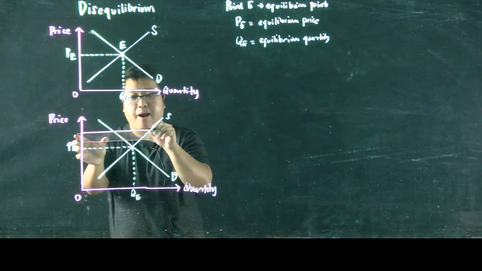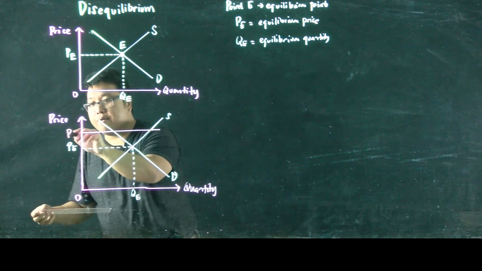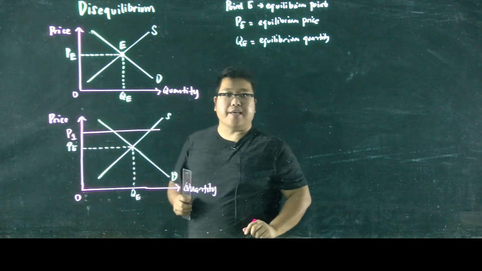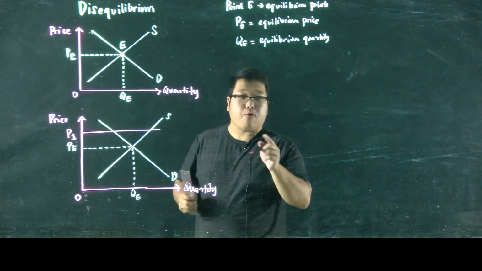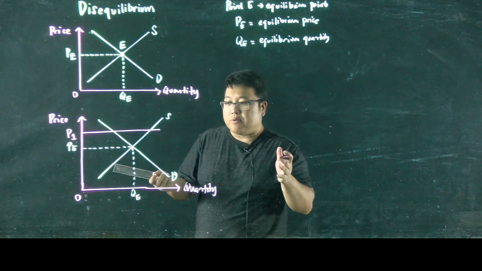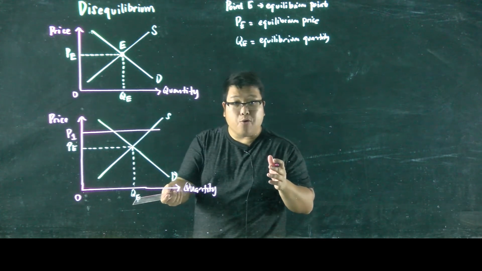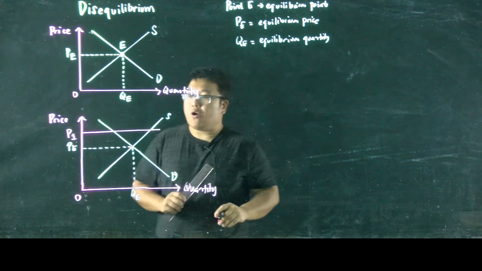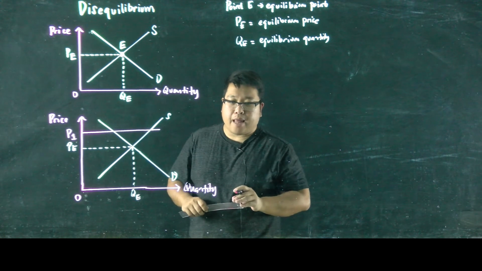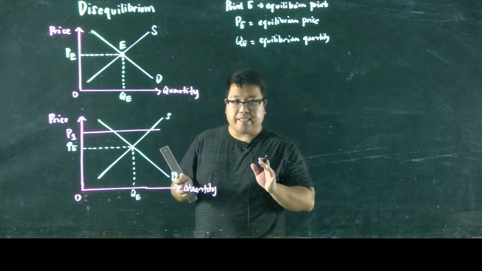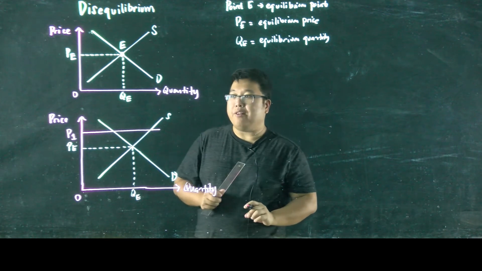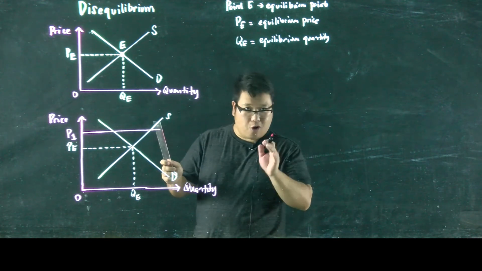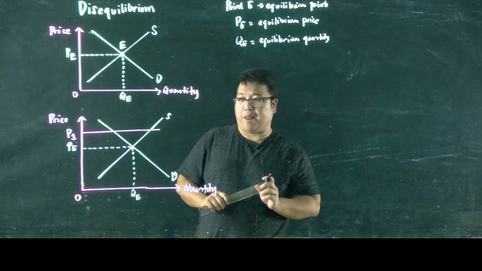So at the price of P1, the question is this: will the equilibrium quantity be QE? Or rather, it's a disequilibrium, so it's not QE. What would that be? The answer is that at any disequilibrium price, the quantity exchanged is determined by the lower of quantity demanded and quantity supplied.